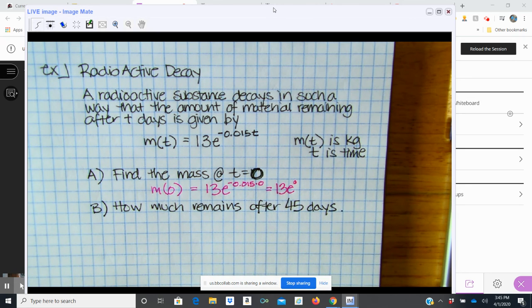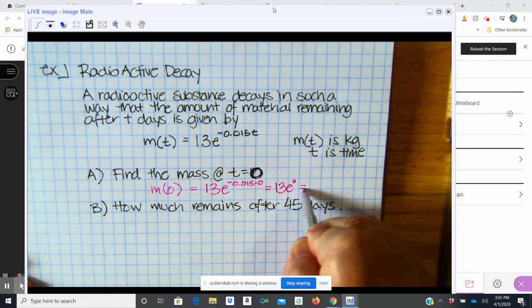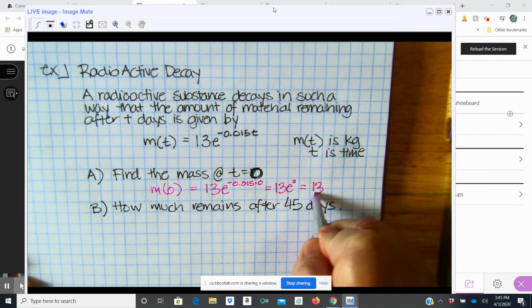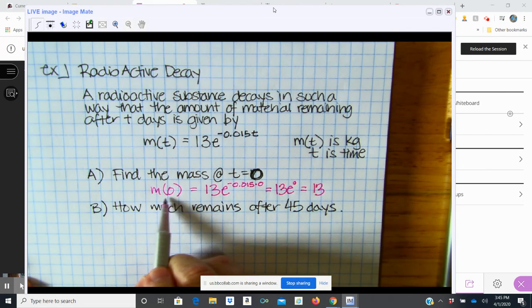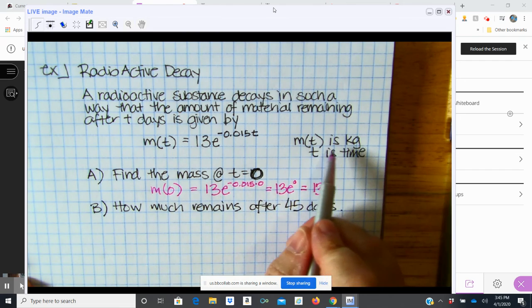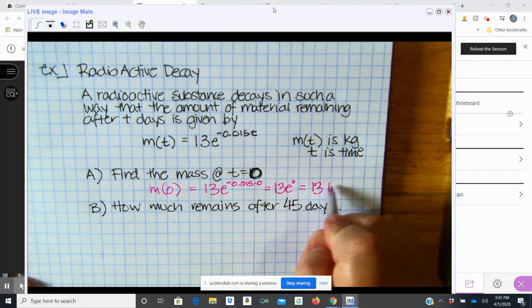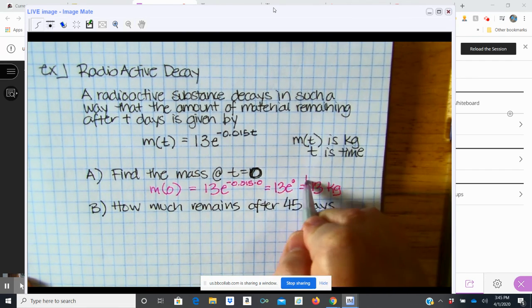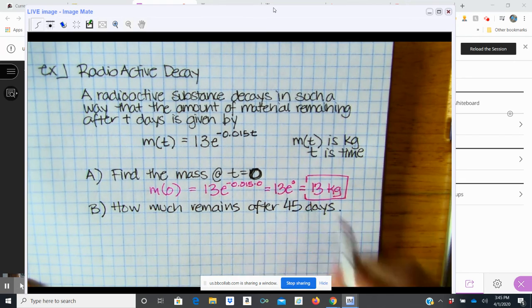This is just going to be 13e to the 0. And what do we know about e to the 0? Well, this is just 13. And we know that our m of t is in kilograms. So this is just 13 kilograms.